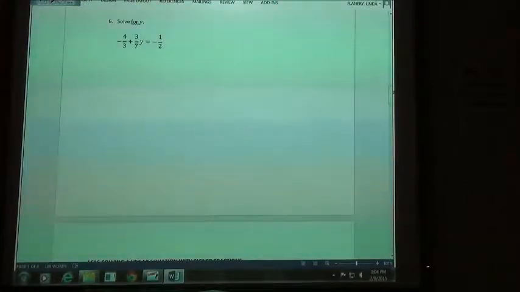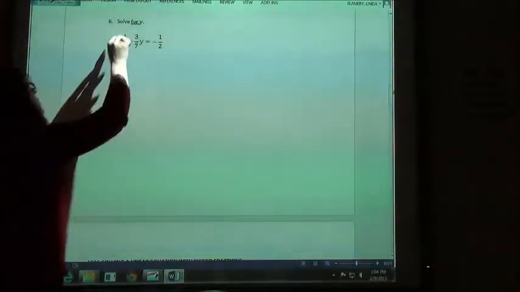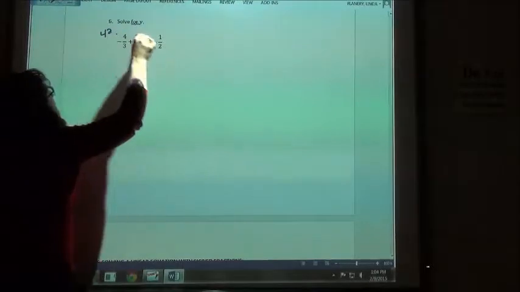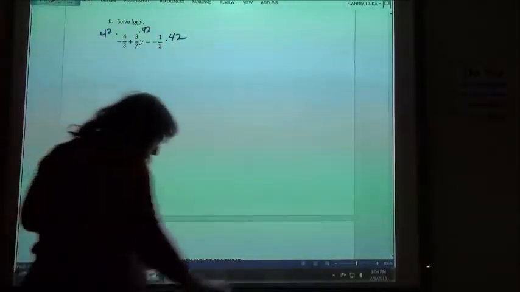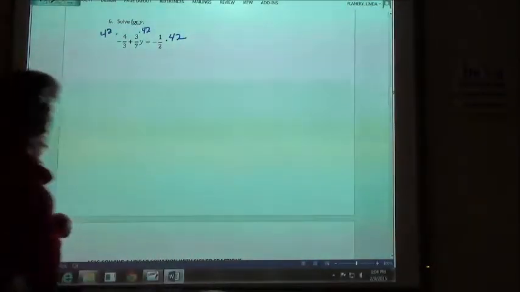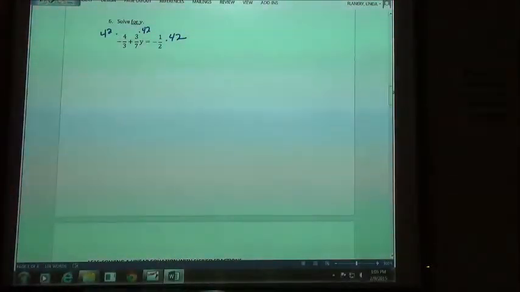So 42 is going to be a number all three of those divide into. So go ahead, do that first step, see what you get for your numbers.